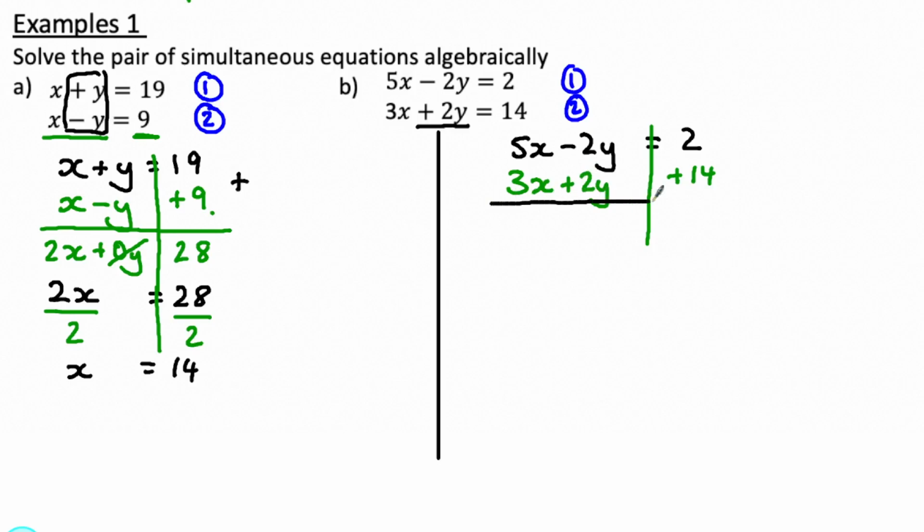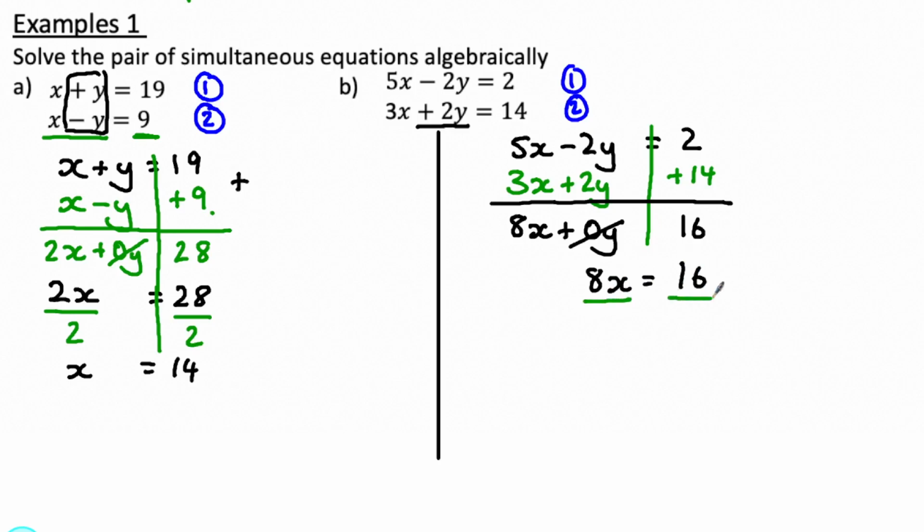If I add them, on the right-hand side 2 plus 14 gives me 16. And here 5x plus 3x gives me 8x. Negative 2y plus 2y gives me 0y, which cancels. So I'm therefore going to get 8x is equal to 16.